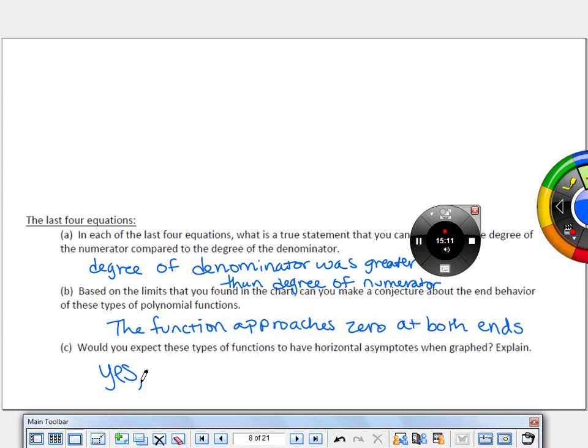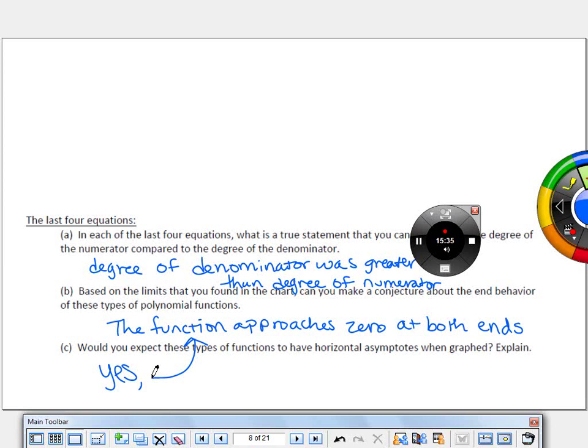And I think it comes back to what Jordan said last time, because it's leveling off at the same place on both ends. So the differentiating factor between the different equations is the degree of the numerator versus the denominator, and it falls into three categories, and we saw these three different things happen.